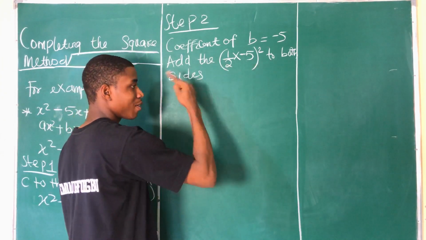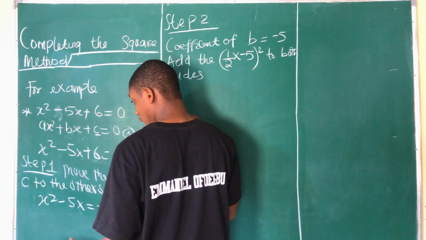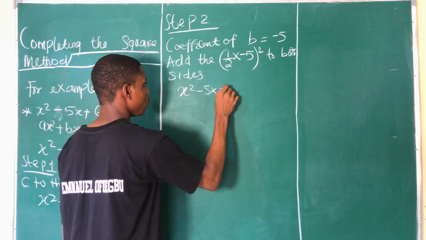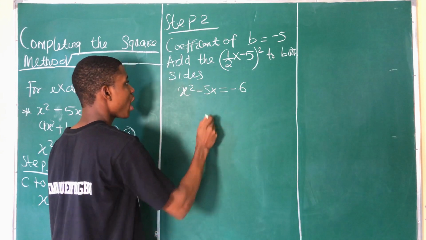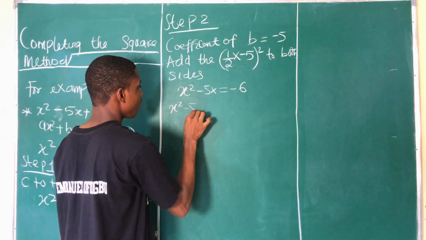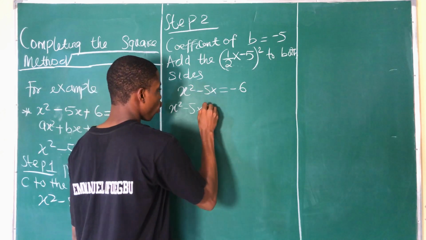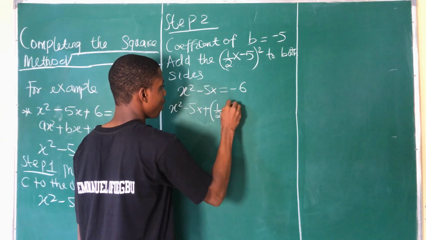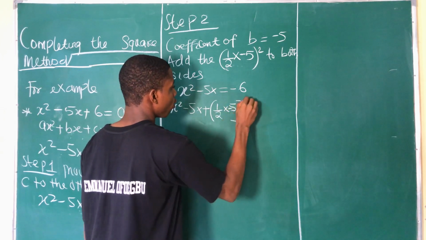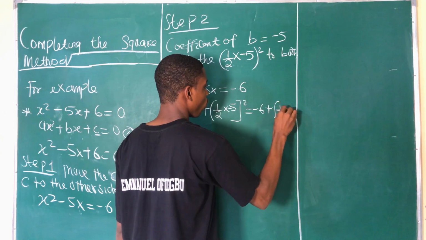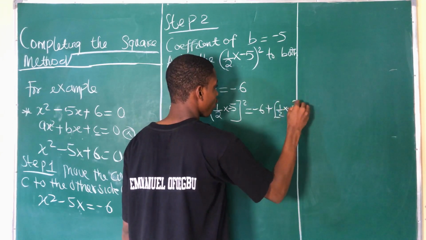When they say to both sides, to the right hand side and the left hand side, normally we have our equation as x squared minus 5x equal to negative 6. If we are adding this to both sides, we have x squared minus 5x plus bracket 1 over 2 multiplied by negative 5 all squared, equal to negative 6 plus bracket 1 over 2 multiplied by negative 5 all squared.